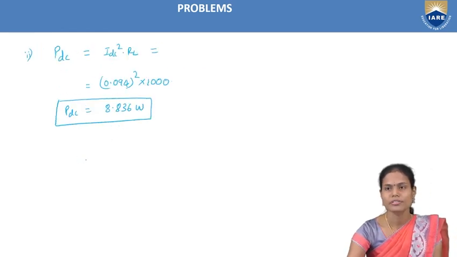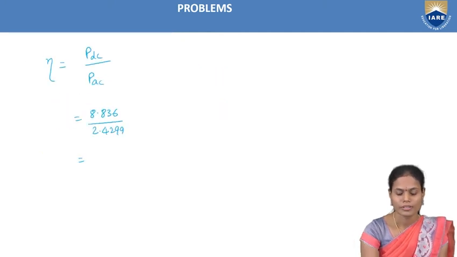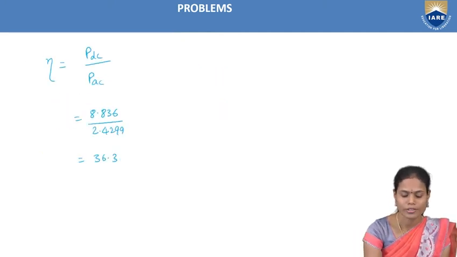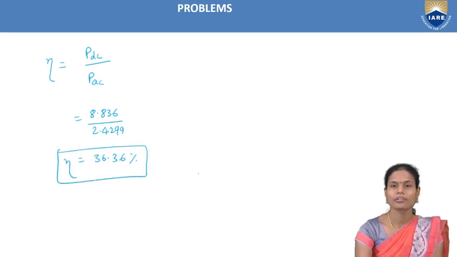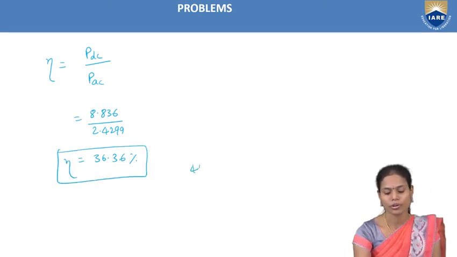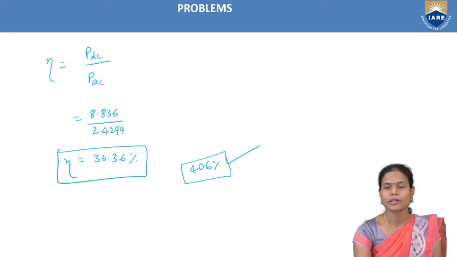So the efficiency we will get here is 36.36%. Generally, in the half-wave rectifier, theoretically we will get 40.6%, but practically we may not reach this particular value. So that's why in this given problem, from the given parameters, we got the efficiency as 36.36%.